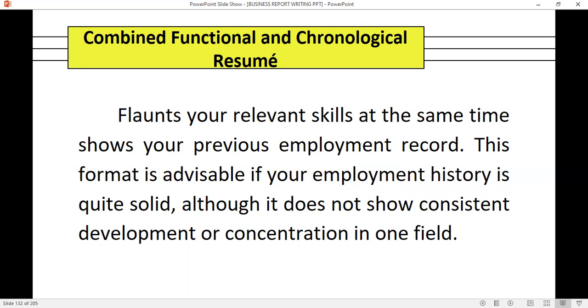In this combined functional and chronological resume, you show at the same time where you worked, the companies or institutions you worked for, and the tasks you did in your previous works.